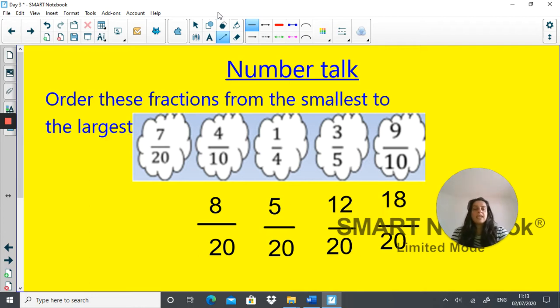From here you can see that in fact the smallest fraction is this one here, 1/4, followed by 7 over 20, followed by 8 over 20, followed by 12 over 20, followed by 18 over 20. So this is a recap of the skills that you were learning yesterday.